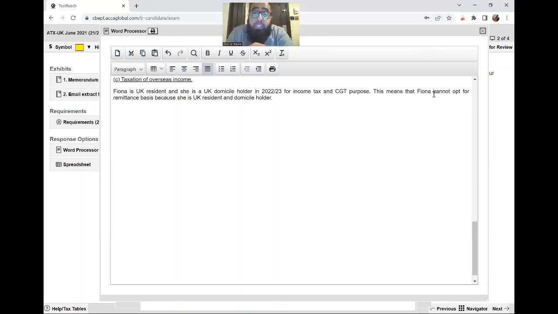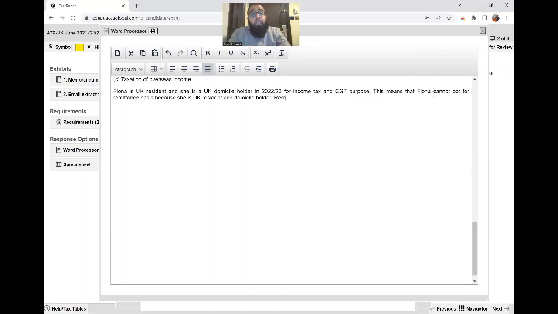It was written in the question. She was deemed domicile holder. Now, when you have both statuses, you cannot opt for remittance basis. Opting is only available to a person who is resident but not a domicile holder. But she is a domicile holder.